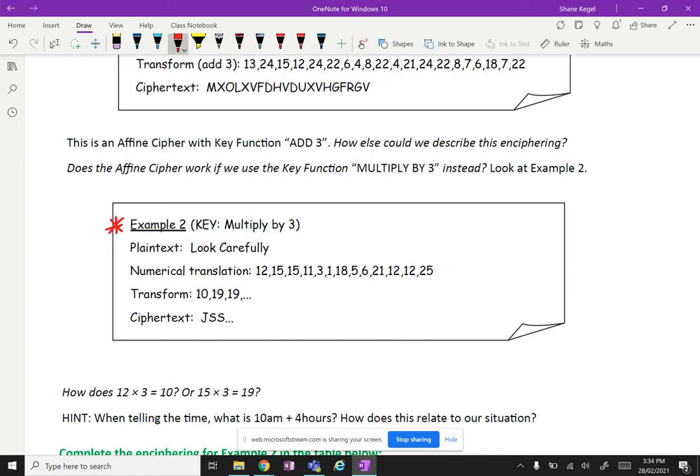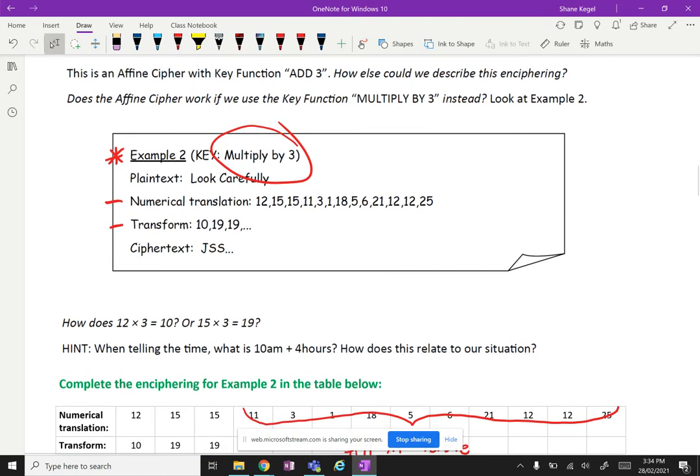Just work through these examples, have a look, and pay particular attention to how the numerical translation is then transformed by multiplying by 3. And then there's a bit of a think down here: if we're multiplying 12 by 3, how is my transform number 10? So just have a think about how that works.